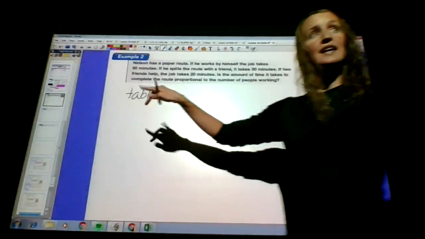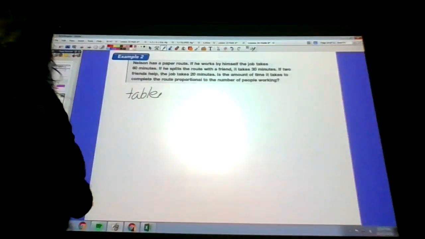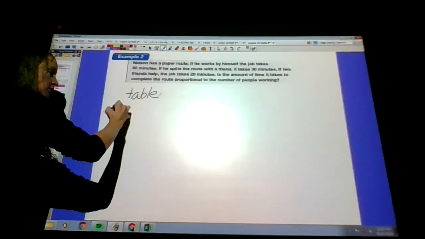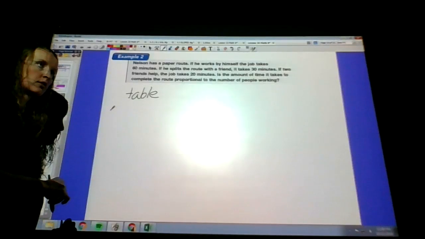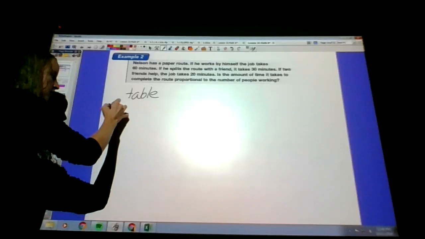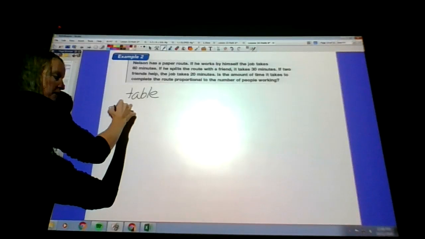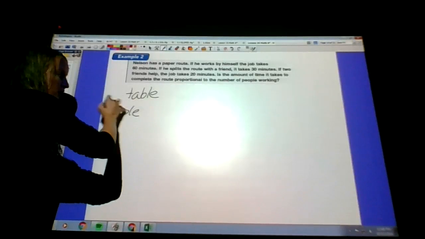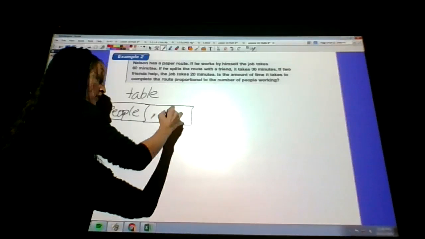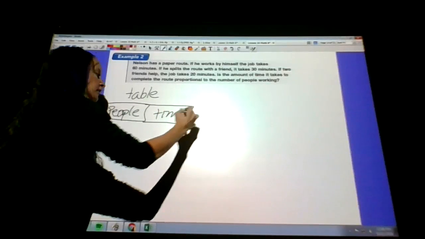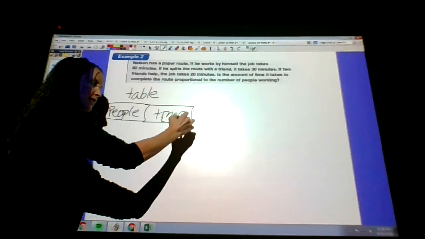So what are the 2 things this one's talking about again? Time and people. Okay, so what are you going to put first? Time. Okay, I'd probably put people, but time is fine. You might usually want to write what it's measured in.